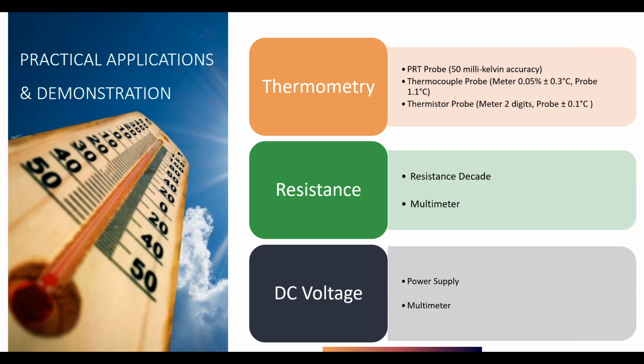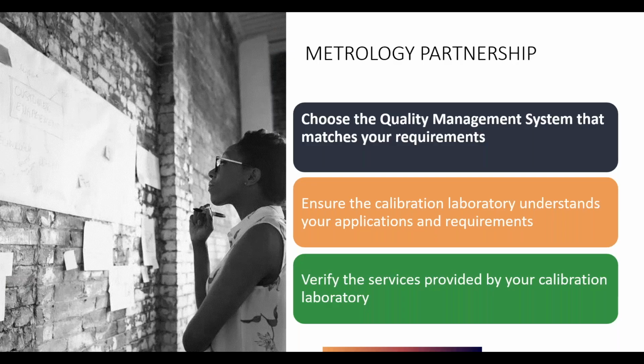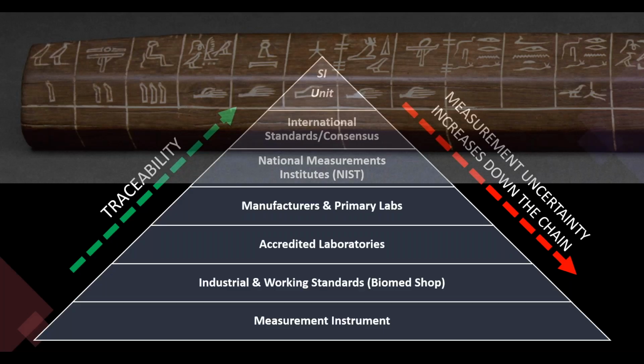How many people are familiar with the Vaccines for Children program, the VFC program? Okay, so the VFC program requirements say that your temperature measurement device has to have an uncertainty of 0.5 degrees Celsius. When we go back to your imported uncertainties down to what you're looking for in your temperature device, if your accuracy is 0.5 degrees, your uncertainty is going to be much wider than 0.5 degrees.